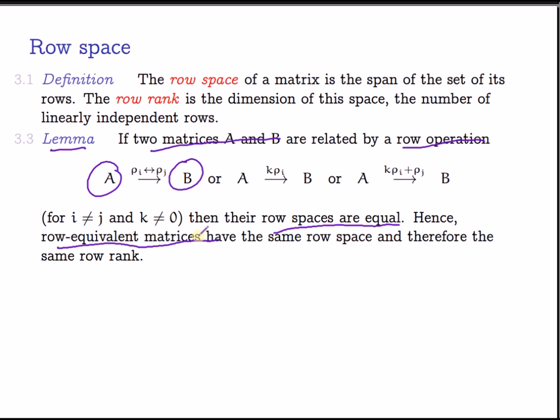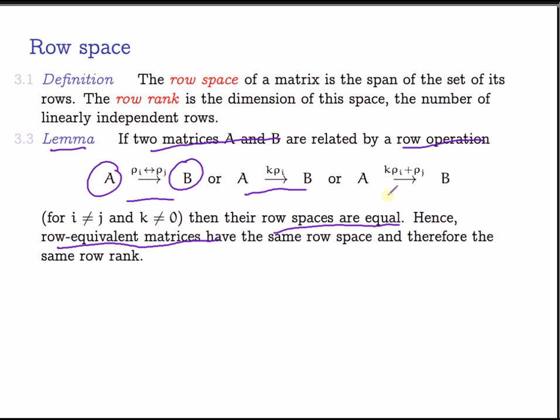Well, notice that every one of these operations is kind of a linear combination. Here you're just exchanging rows. Of course, you're not going to change the span of the rows if you just exchange two. Here you're just taking a scalar multiple. That's basically not changing the vector, it's only scaling it up. And here you're taking a linear combination.